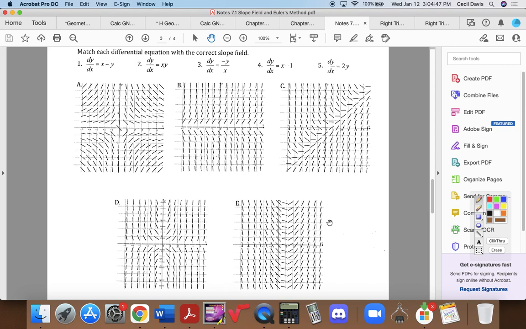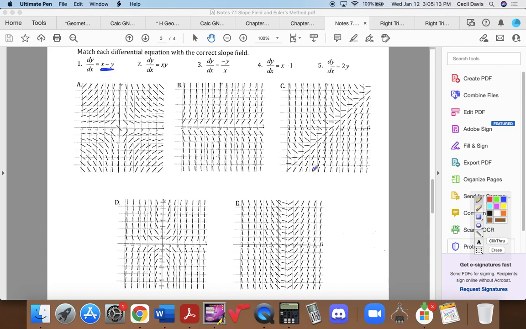Yeah. All right. So here we're going to match each differential equation to the correct slope field. A little bit of analysis really helps with this. For example, where is this slope going to be equal to 0? Remember, this is a slope. (0, 0) is one point.